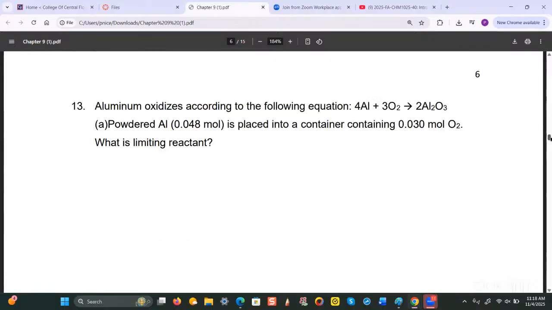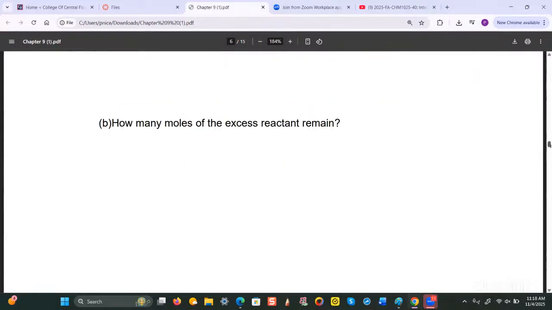So how would you tackle that problem? You start with the limiting reactant, which is the oxygen, and that was 0.030 moles of oxygen. And then what do you do with that? What do we multiply that by?